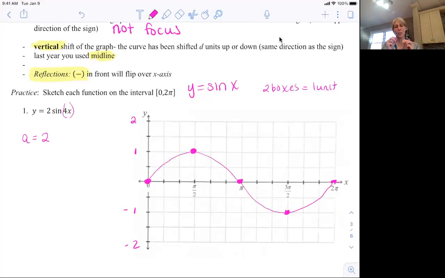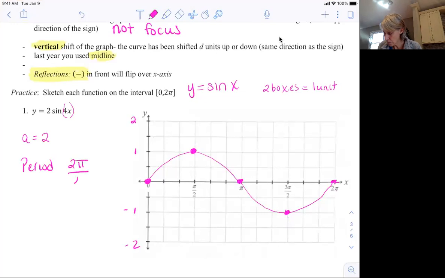When I'm at the highest point on the graph, instead of being at 1, it's going to go up to 2. My zeros will stay the same. My lowest point will now go down to -2. We're going to stretch. Let's see how else my transformations will affect my graph. My period is 2 pi over b.